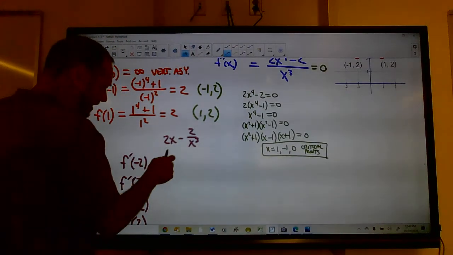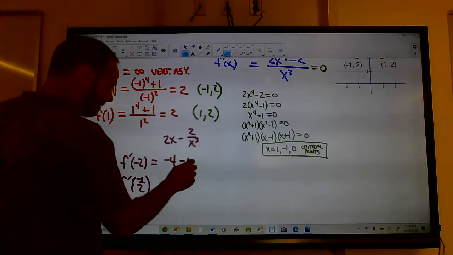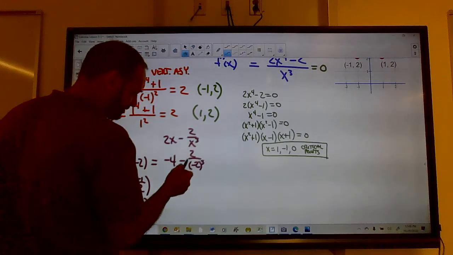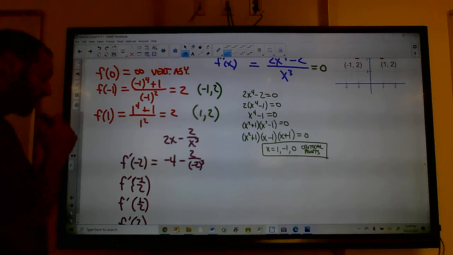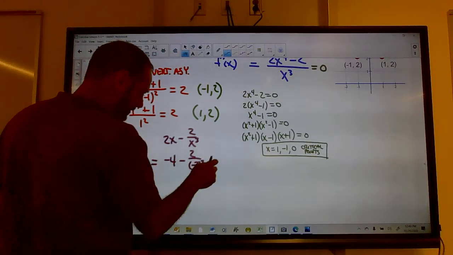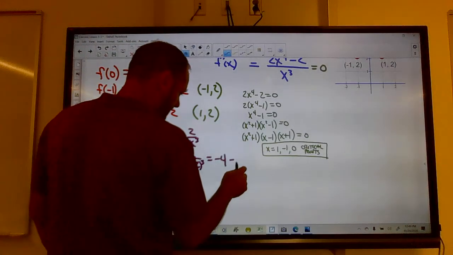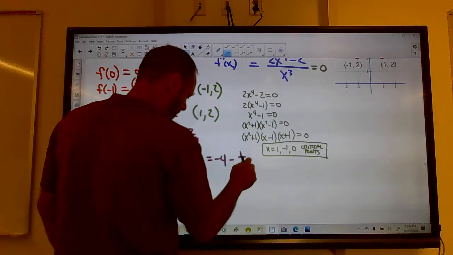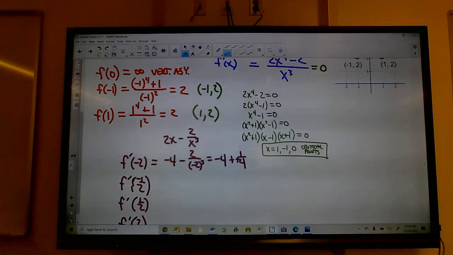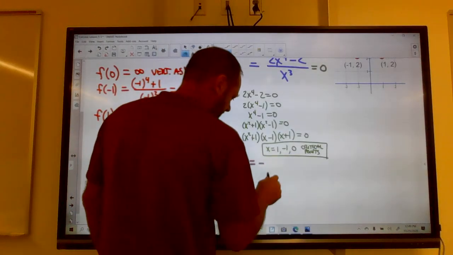Okay, so this would be -4 minus 2 over -2 cubed. All right, that's a negative. So this is going to be -4 minus 2 over -8. So that's -1/4. So those cancel out. And I end up with -3.75. So this is negative. So it's decreasing.